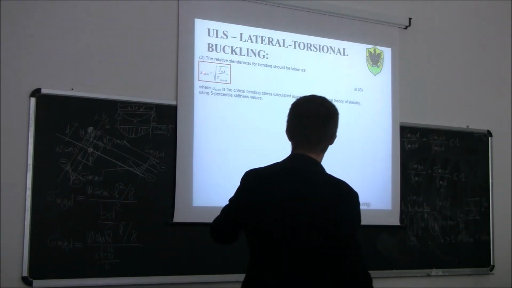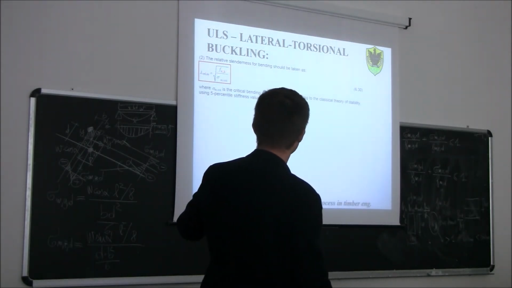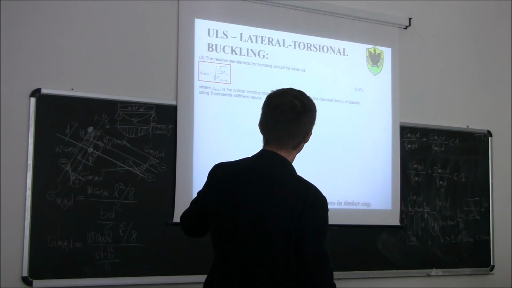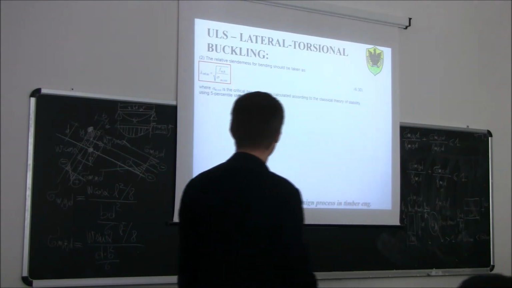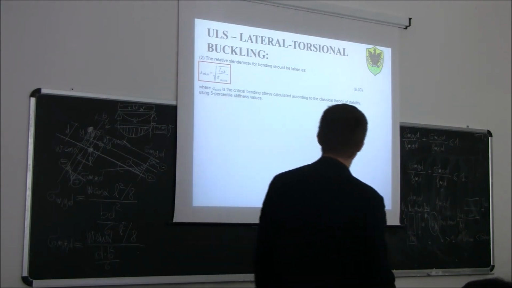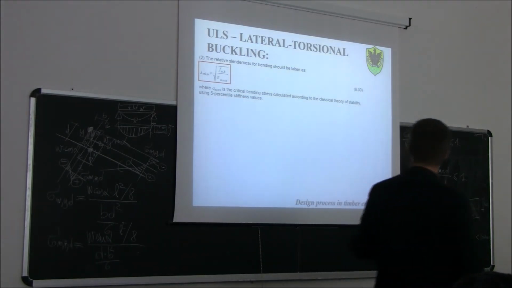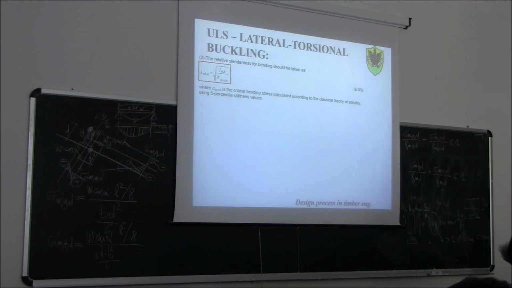The relative slenderness ratio for bending is given by the square root of the ratio between the characteristic bending strength and the critical bending stress calculated according to the classical theory of stability. So sigma_m,crit is the critical value of the stress that we will be calculating in the other course by solving those differential equations, the system of differential equations.